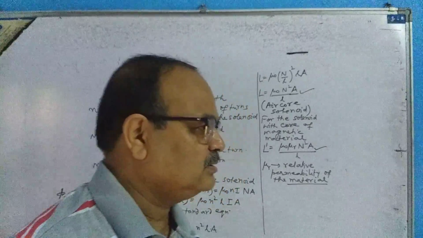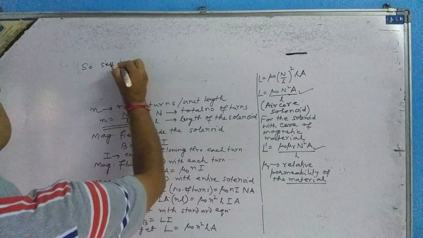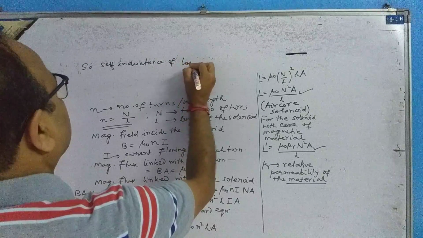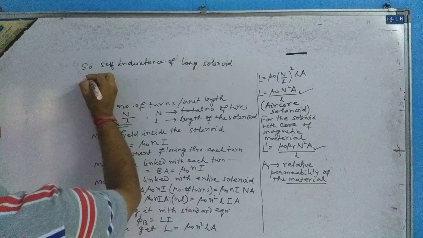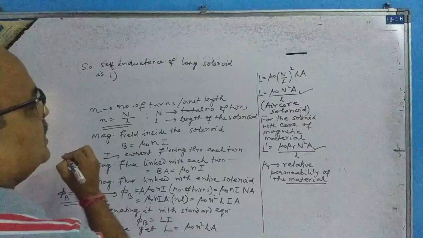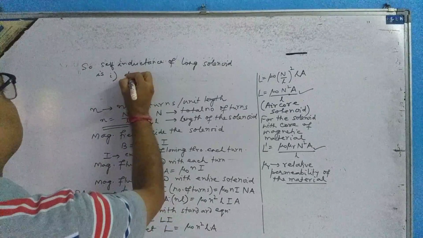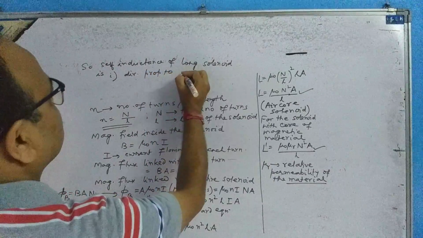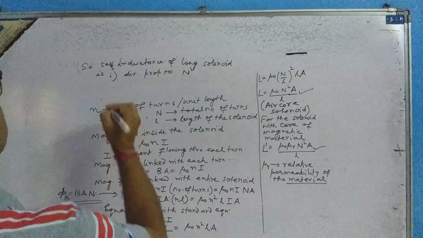It will depend on, number one, directly proportional to n square, the number of turns square.